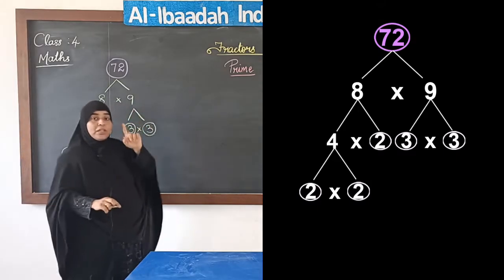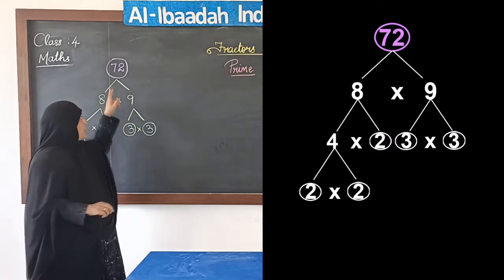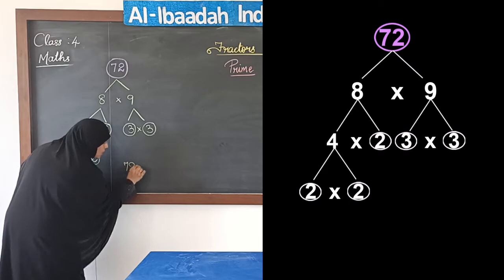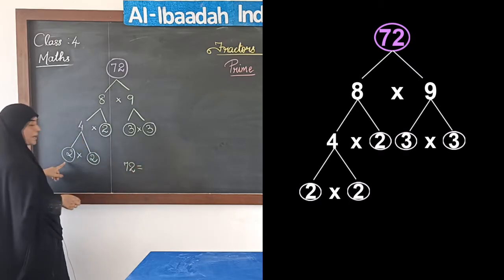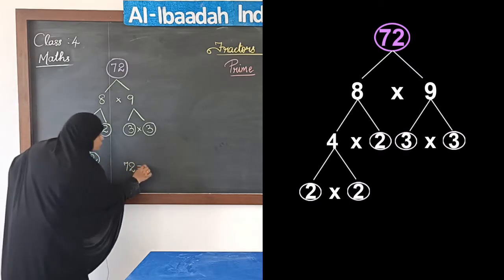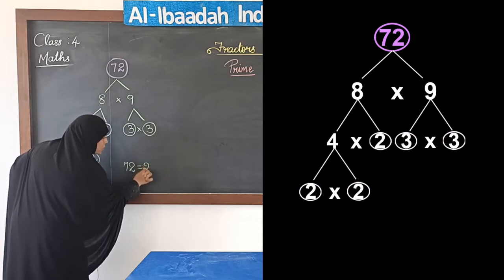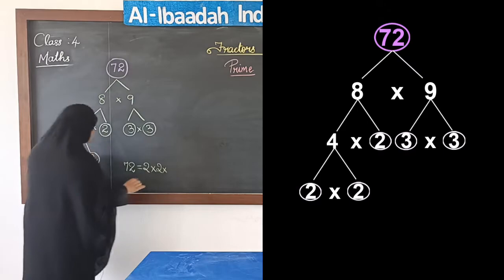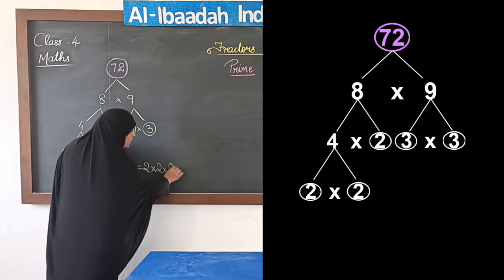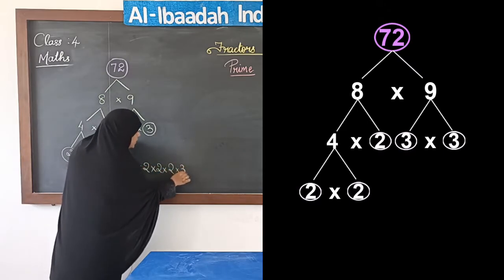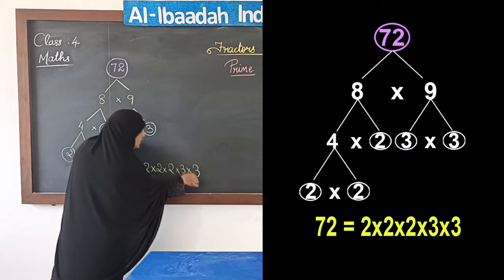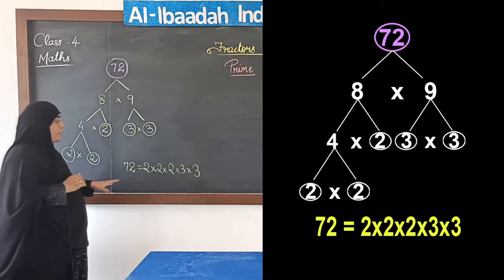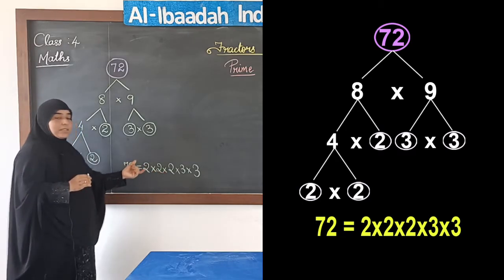So, we need only the prime factors of 72. So, we can write 72 is equal to all the prime factors, 2 into 2 into 2 into 3 into 3. This is how we write the prime factors. So, prime factorization of 72 is this.